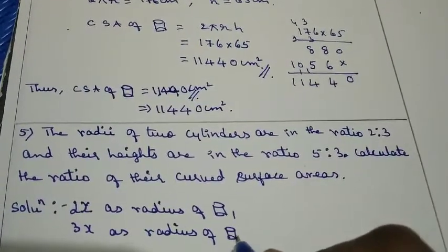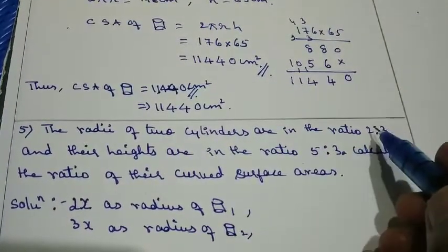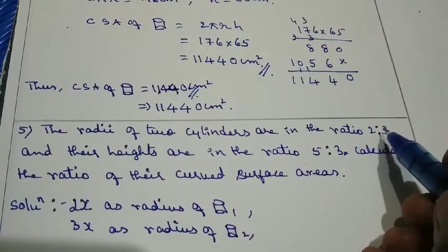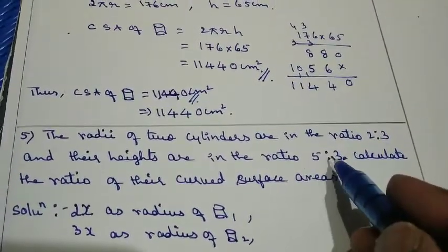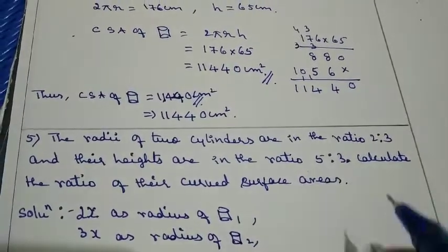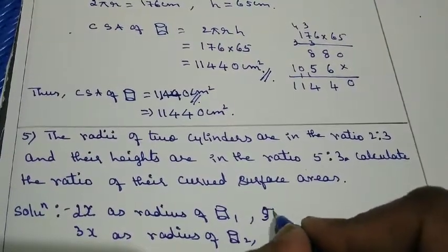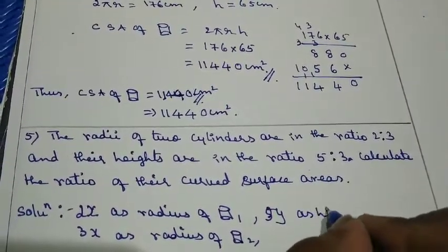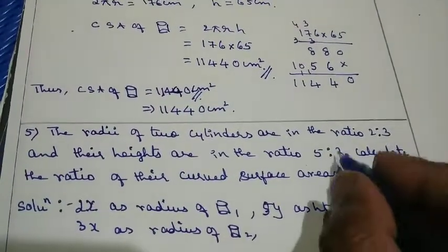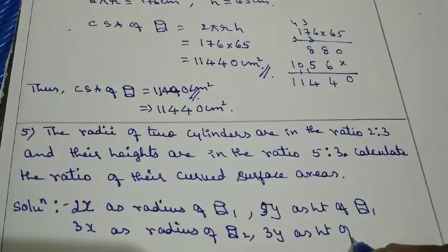With respect to the same cylinders, height is given. Since two ratios are given, children, one variable take as x for the radius of two cylinders, and for the height separately you take the common ratio as y. So 5y as height of cylinder 1 and 3y as height of cylinder 2.